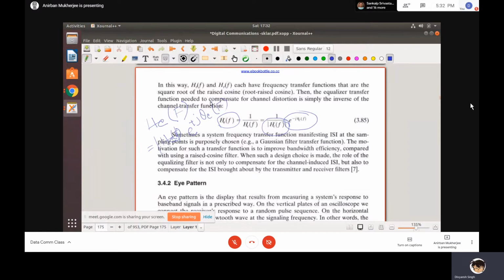So depending on theta, they have defined the HC channel this way, and I will design the equalizer filter like this.